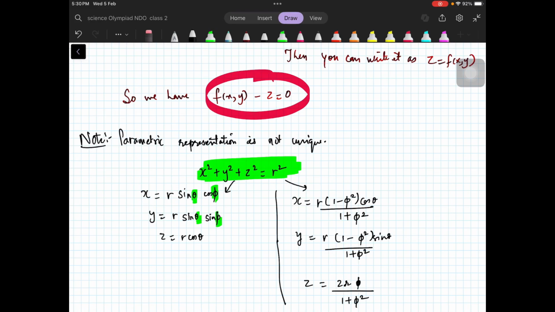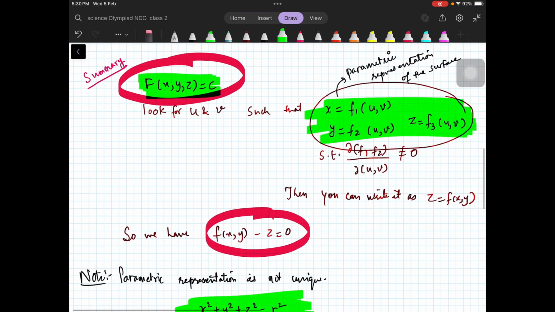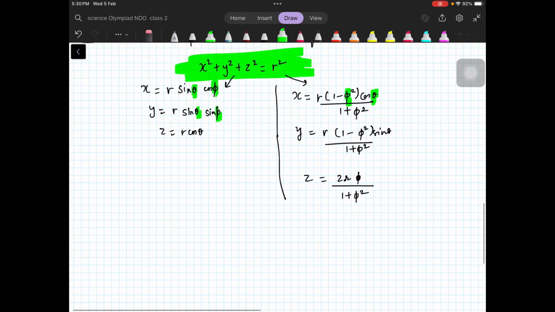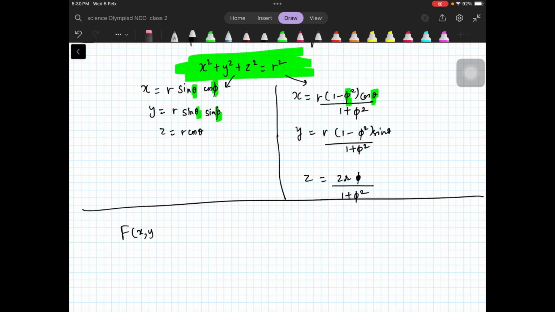So this is also another representation. Here also we have two parameters, theta and phi. So in a sense we can say that the parametric representation is not unique. But what I want to say further is, you have your surface, label it as this, and you are converting it into z is equal to f of x comma y.